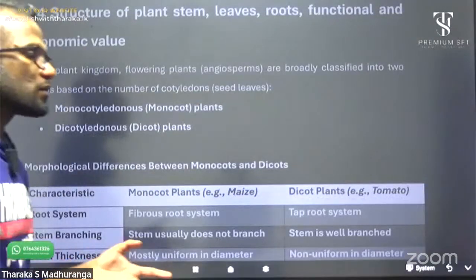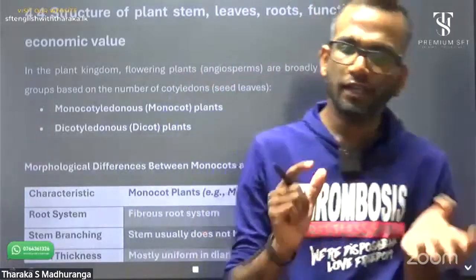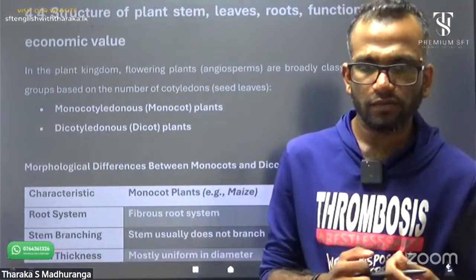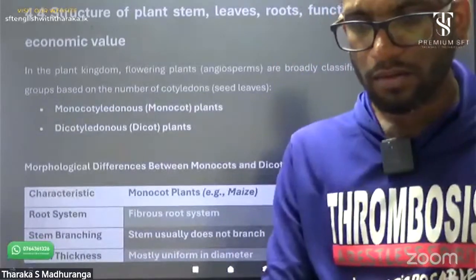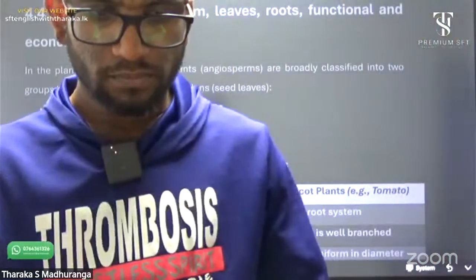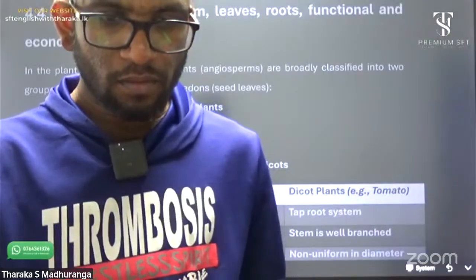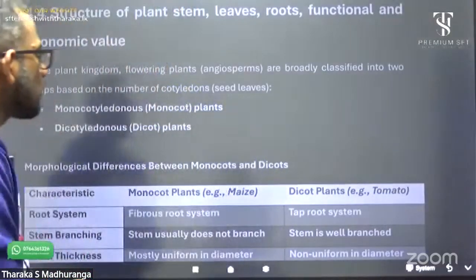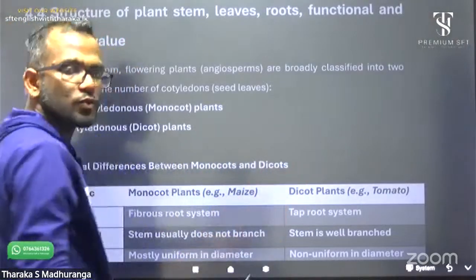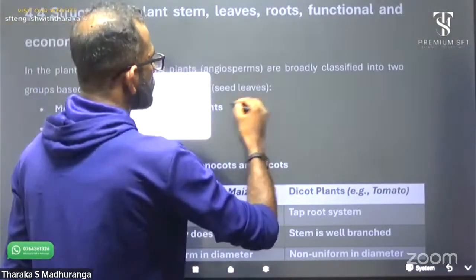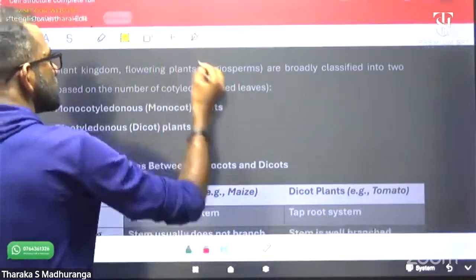There are different plant kingdom classifications, right? The common type is monocotyledon plants. We can classify them into two main categories: monocotyledons and dicotyledons.